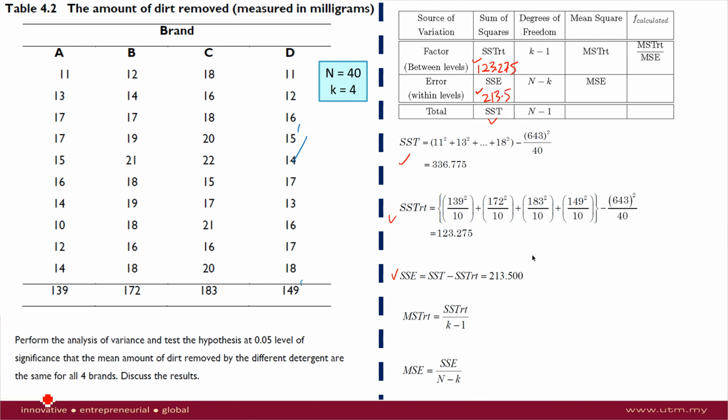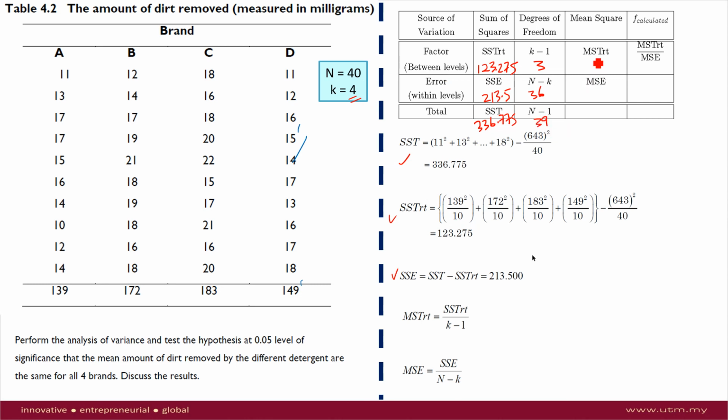And the value of your SST is equal to 336.775. Okay, so how about your K minus 1? Now the value of your K is 4. So 4 minus 1 is 3. Now your N minus K is 40 minus 4, which is 36. Capital N minus 1 is 40 minus 1, so it would be 39.